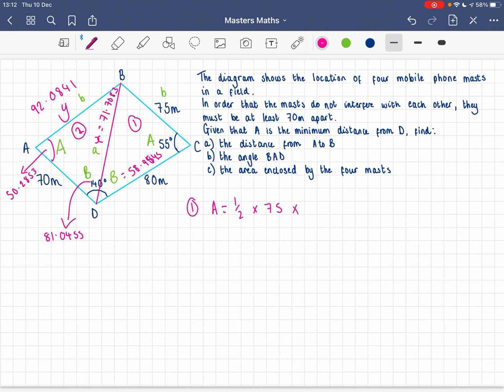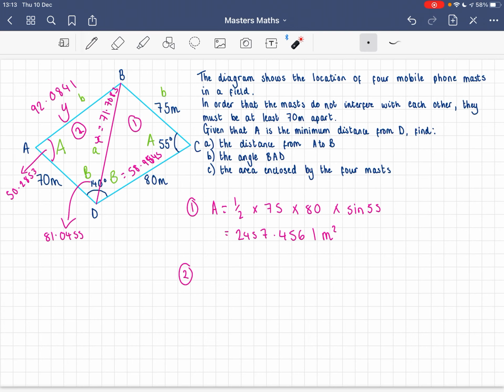So I'm doing a half times 75 times 80 times sin 55, which gives me an area of 2,457.4561. It's not centimetres, it is metres squared.